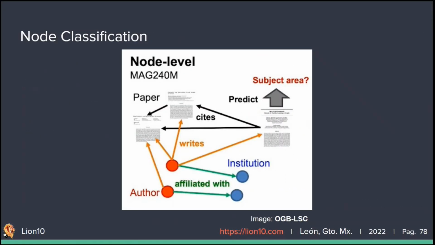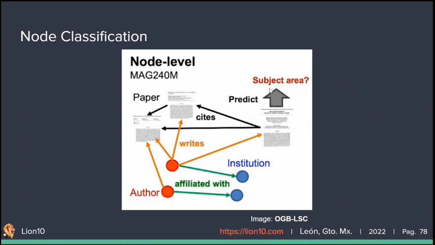Okay, so node classification, I think we already covered it. What it means. So in this case, we have a set of nodes that represent papers, and we want to predict one of the attributes of the paper. So maybe we give a new paper to the model, or we feed an inference paper, and we want to predict, okay, what is this talking about?